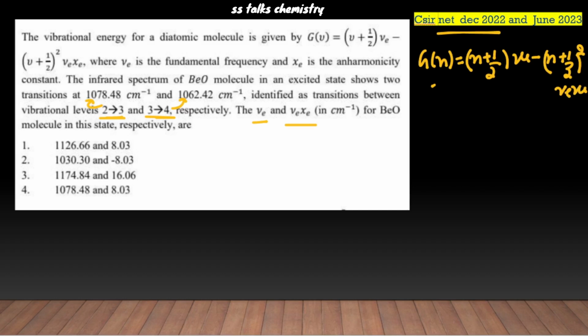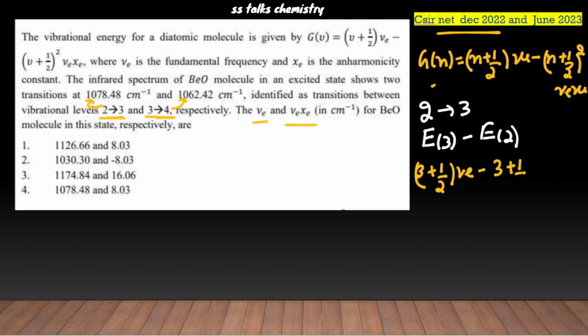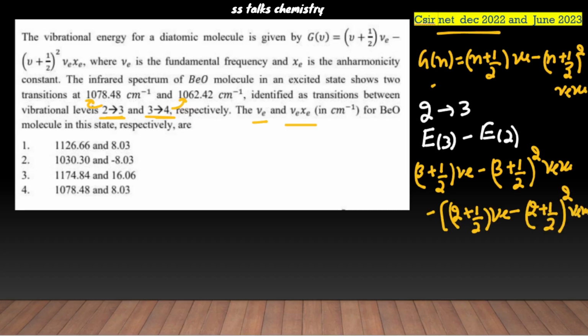Firstly, the transition from 2 to 3. That means the energy for the third level minus the energy for the second level. For the E3 level, the energy is (3 plus half) nu e minus (3 plus half) squared nu e xe, minus, for the second level, (2 plus half) nu e minus (2 plus half) squared nu e xe.